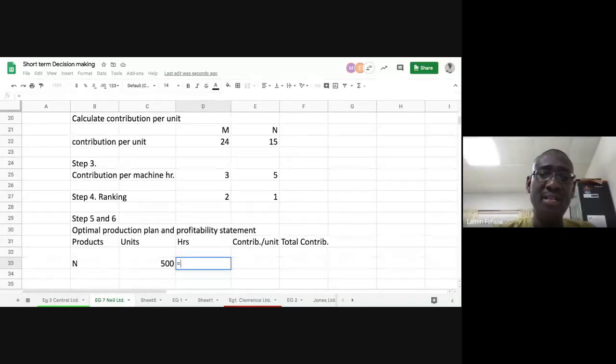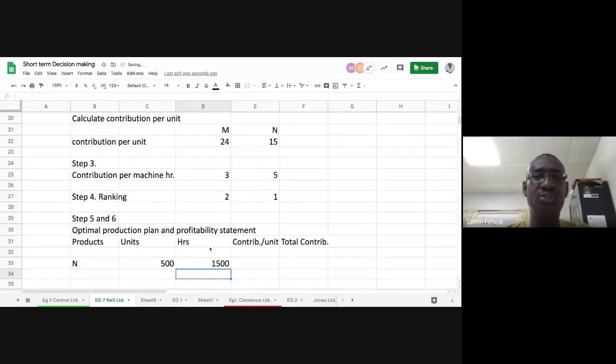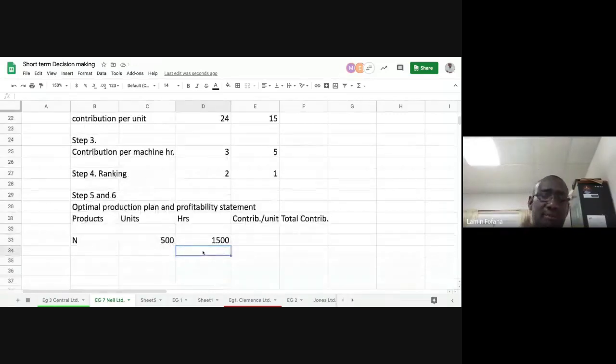Since the 3 is up there already, we don't have to type it. We just say equals, click on the 500 multiplied by the 3 hours, and enter. So that will be 1,500 hours.